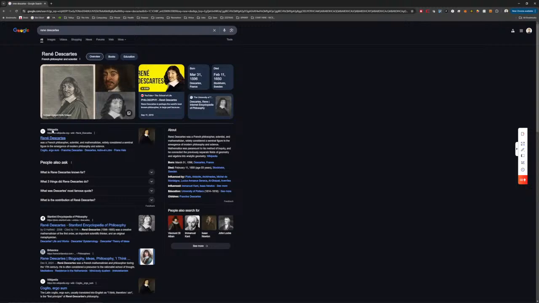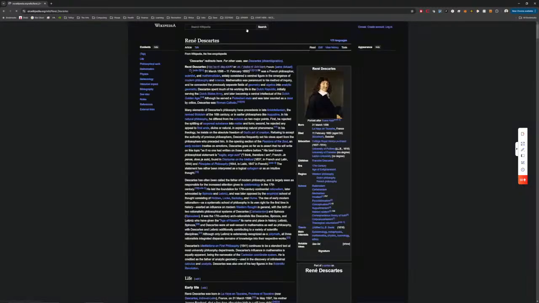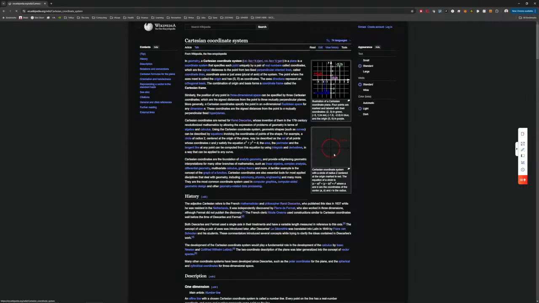So we're going to pop into Wikipedia here, not for him, but going from him, we're going to say Cartesian. And we want the Cartesian. I guess we don't have a Cartesian plane, but we do have the Cartesian coordinate system. And this is what he's talking about.